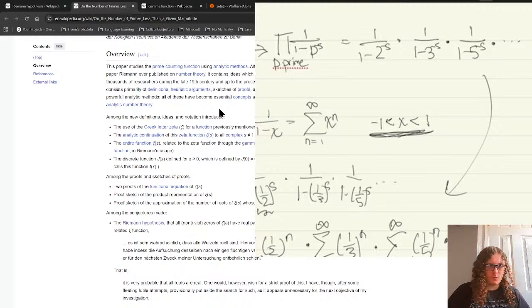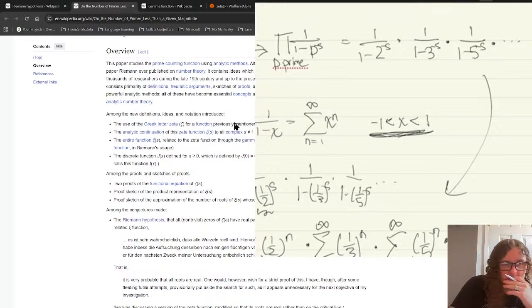Now we want to know, why do the zeros of this function defined in the complex plane tell us something about the distribution of prime numbers, which are integers?